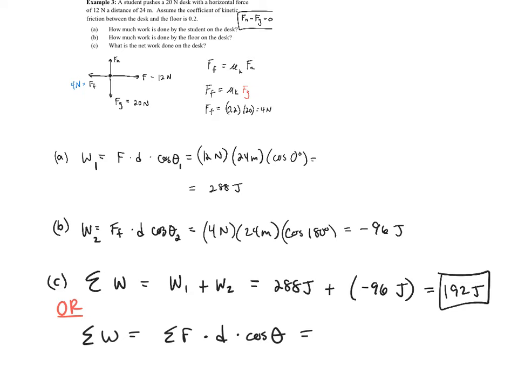And that's what Isabella was talking about. She was saying, how come we don't balance the applied force of 12 with the 4 newtons of friction? So net force is your applied force minus friction. So this formula becomes F minus F_F times D times the cosine of theta.